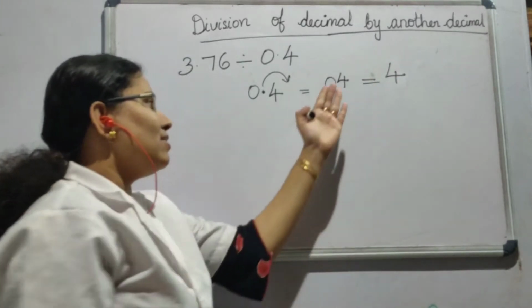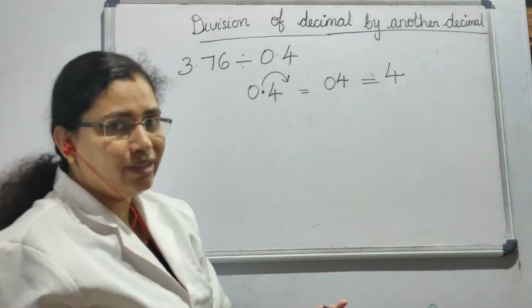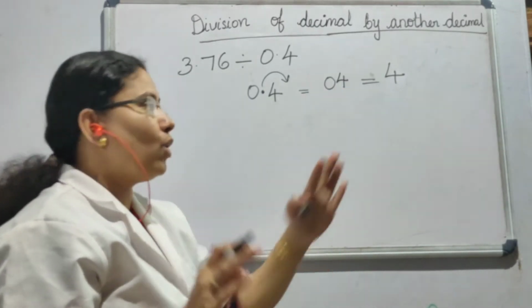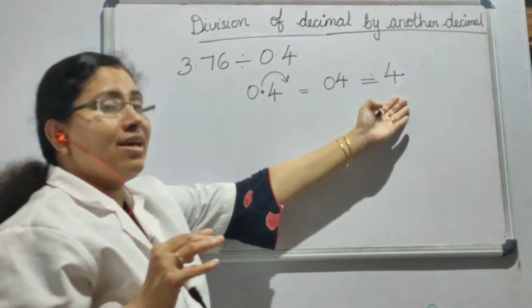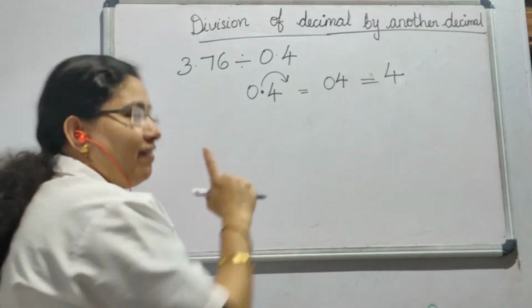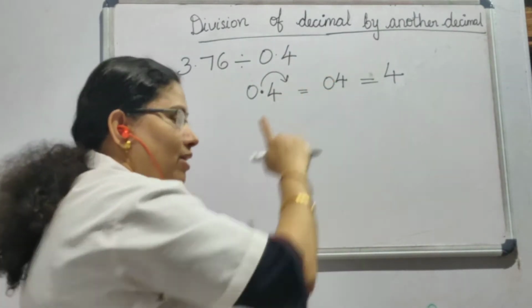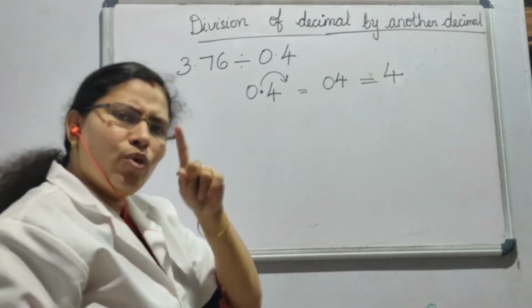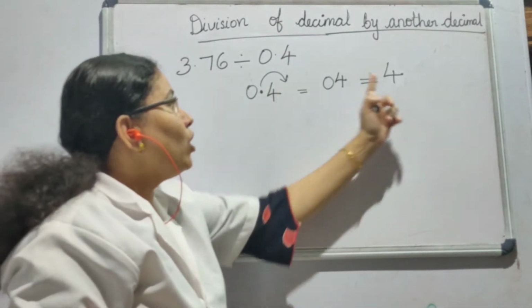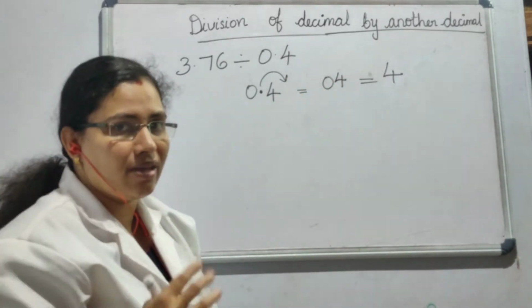If there is any 0 on the left side of this number, we can just ignore that. That means you got 4, and 4 is a whole number. So we just moved the decimal point one place towards the right.